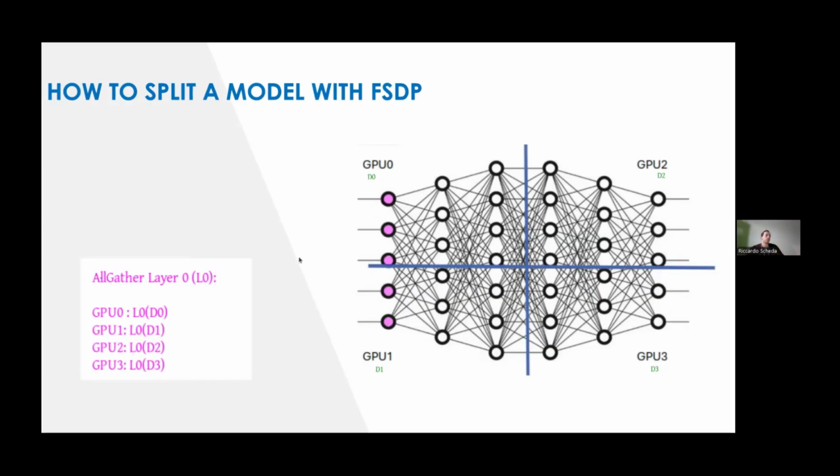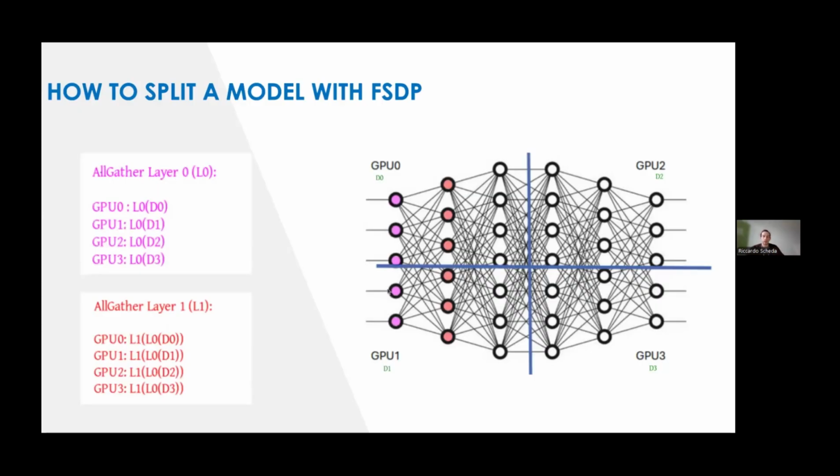So in order to use all of the resources, before making the forward pass we have to pass these parameters to the other GPUs and then perform the forward pass, and then again use the all gather function for the second layer of the neural network, in order to have the second layer also in the other GPUs.